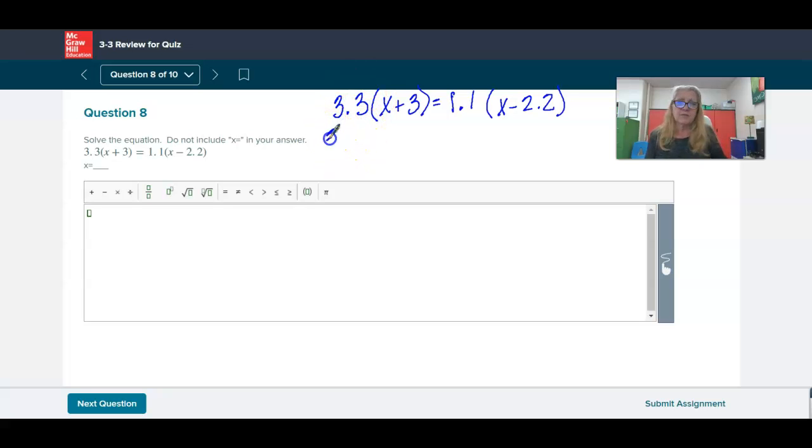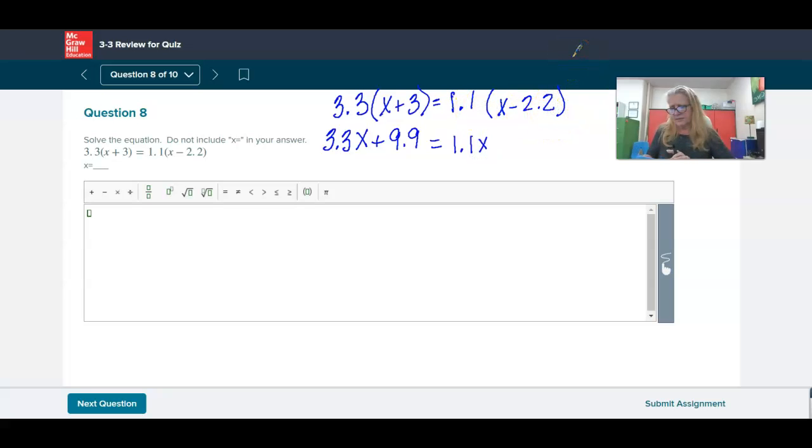Okay, so I think I've copied this over correctly. 3.3 times x is going to be 3.3x. And 3.3 times 3, I think it's going to be 9.9, but let me just double check. Yep, 9.9. And it's positive, so you write plus 9.9, equals 1.1 times x is 1.1x. 1.1 times 2.2.